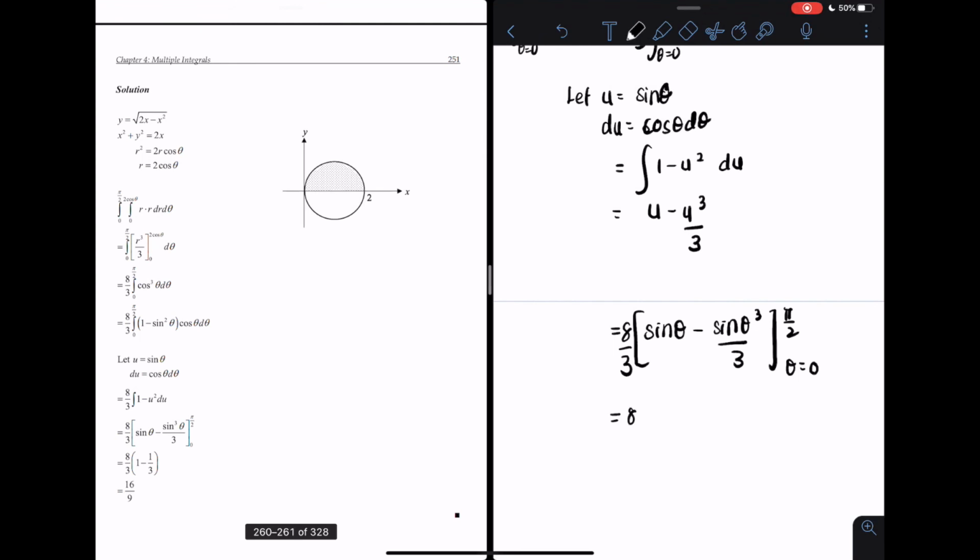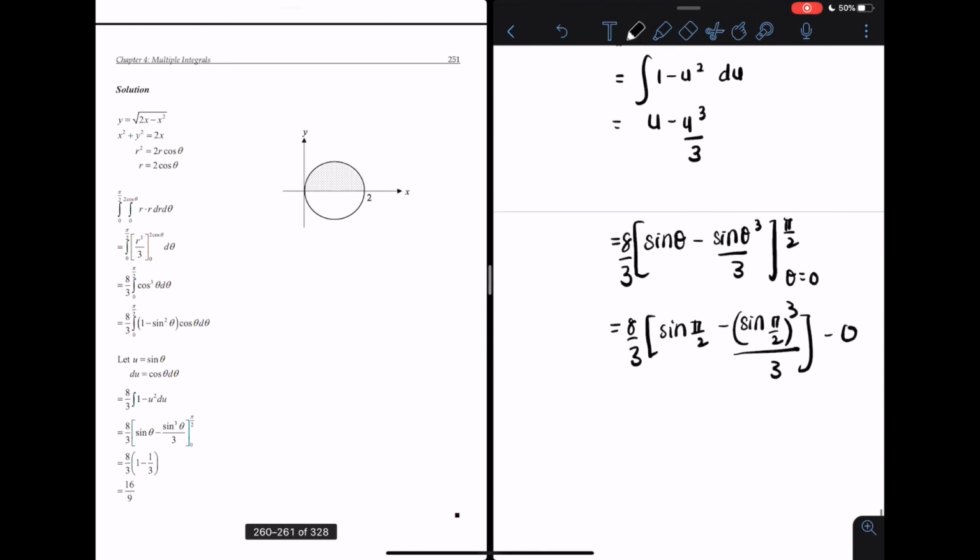Then I will get 8 over 3 times sine pi over 2 minus sine cubed pi over 2 over 3 minus 0. 8 over 3 times 1 minus 1 over 3, which is 8 over 3 times 2 over 3, which is equivalent to 16 over 9. So this will be your final answer.